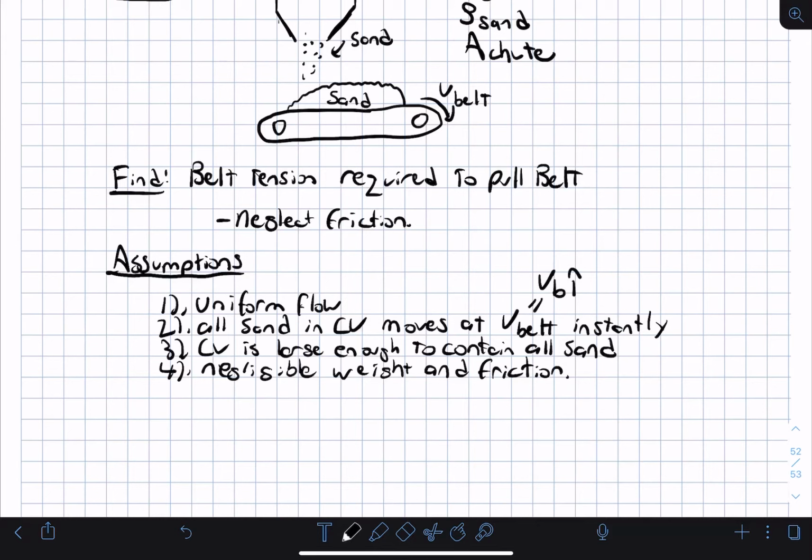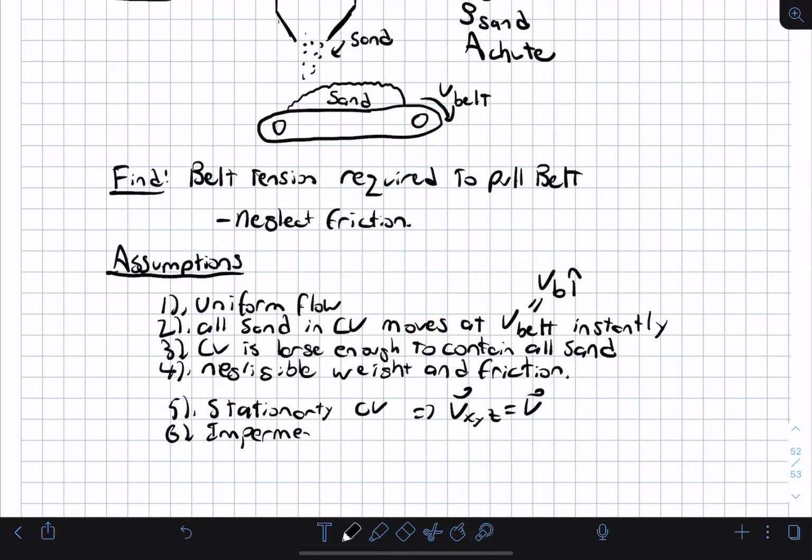Okay, and 5, a stationary CV, and that implies that the relative velocity Vxyz is just equal to the sand velocity, really. And 6, impermeable wall. Okay, that is, we are neglecting any holes that may be in the conveyor belt, so there's no sand that is falling through the conveyor belt.